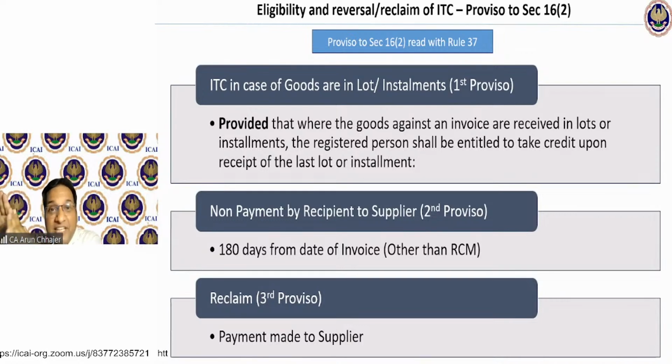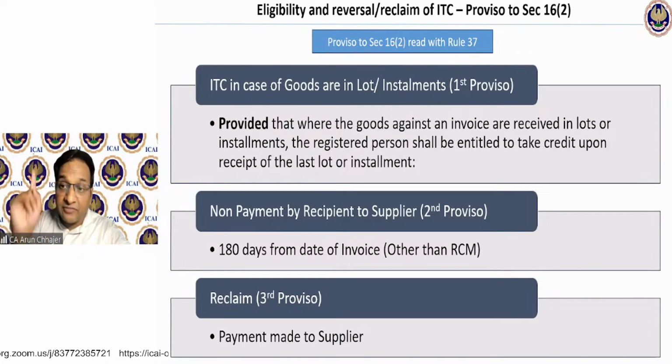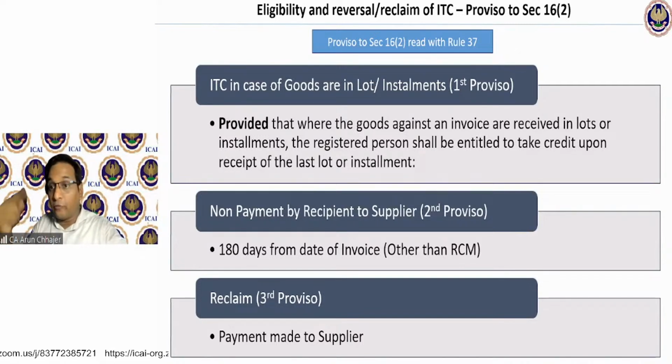But 16(4) talks about a limit by which you can take the ITC. In that case, you have to claim the ITC by 30th November. Therefore, ideally, according to the proviso it is okay, but the time limit is crossed. So effectively, you are not eligible to take ITC if the last lot is received after 30th November, after the end of the financial year. So you have to ensure that you receive the last lot also prior to the last date to take the input tax credit.